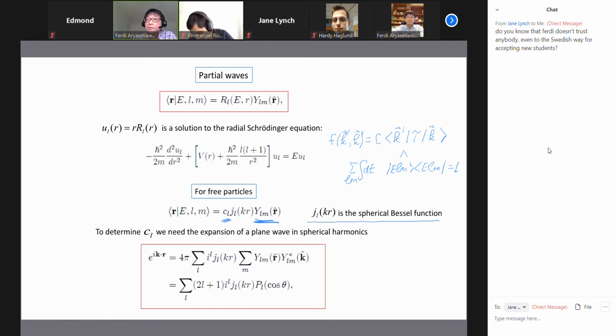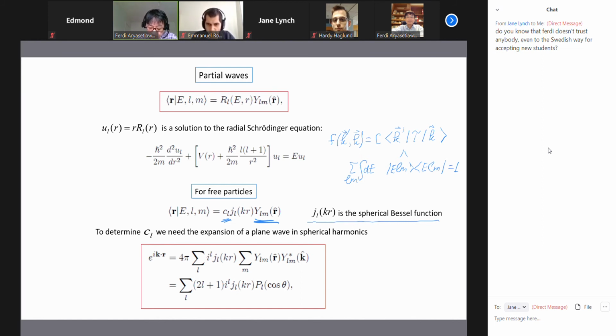So if we have a plane wave, we can expand it in terms of the spherical Bessel functions and the spherical harmonics. This is an expansion of the plane wave in terms of spherical harmonics.